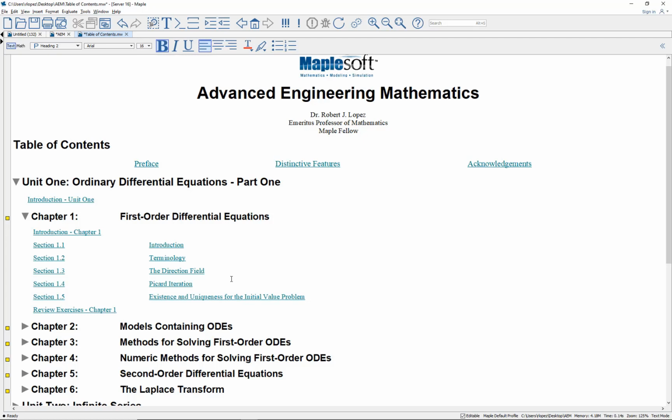So there are 273 worksheets for the ebook, plus things like a preface and all of the front matter and the back matter that has also been taken care of in the ebook.